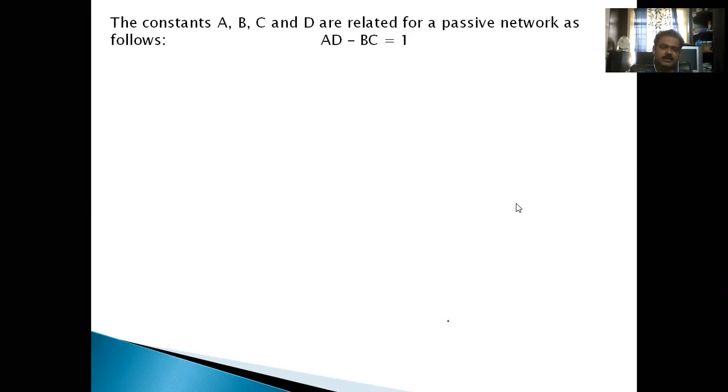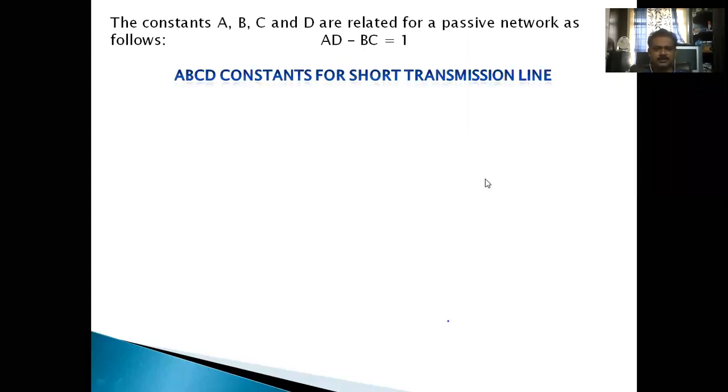All the elements present in this are passive elements: resistance, inductance, capacitance. Active elements means voltage source, current source, which supply energy. If we just remove the sending end supply, that becomes a passive system.